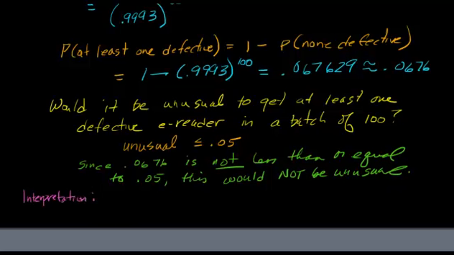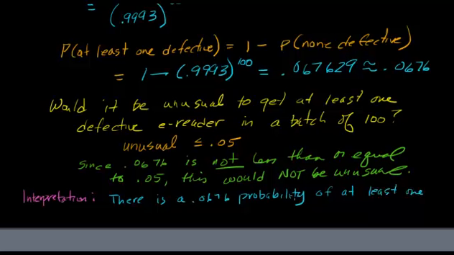Our interpretation is that there is a 0.0676 probability of at least one defective e-reader among 100 e-readers.